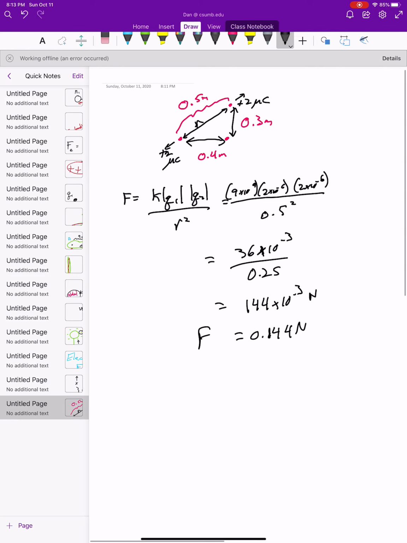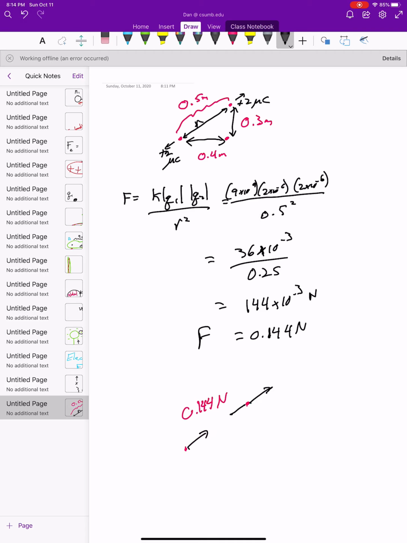So if I redrew the situation, I'd have this. That is going to be the attractive force that either of these charges experiences. Let me make those clearer. So, actually, it's going to be repulsive.